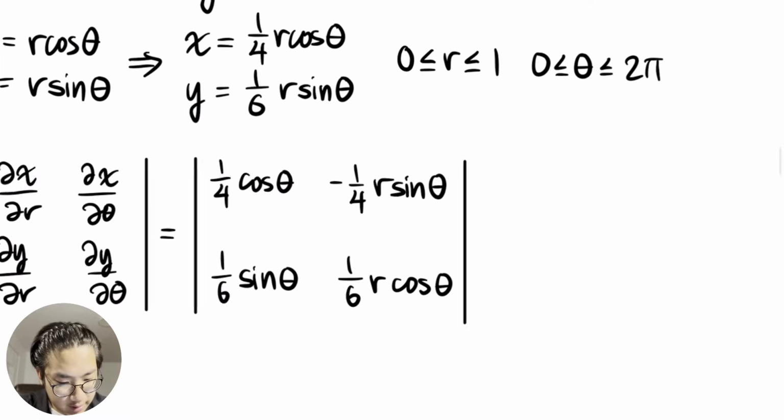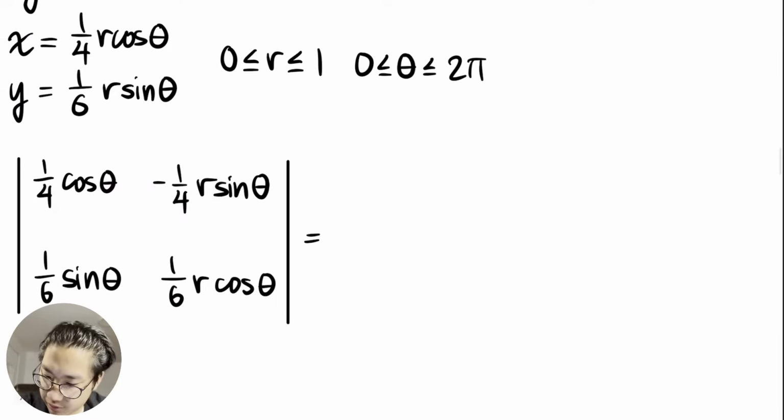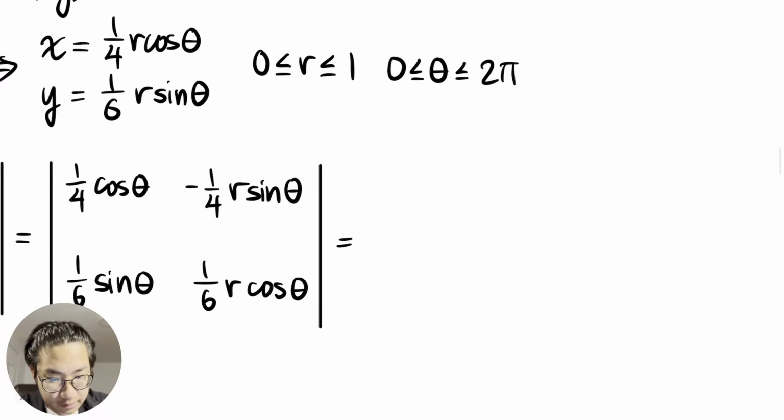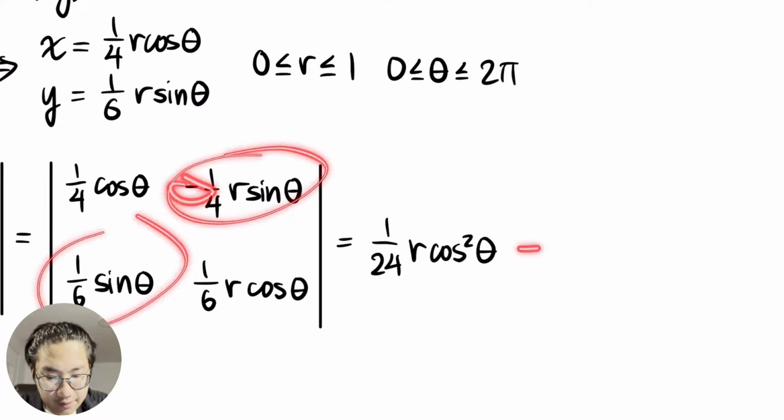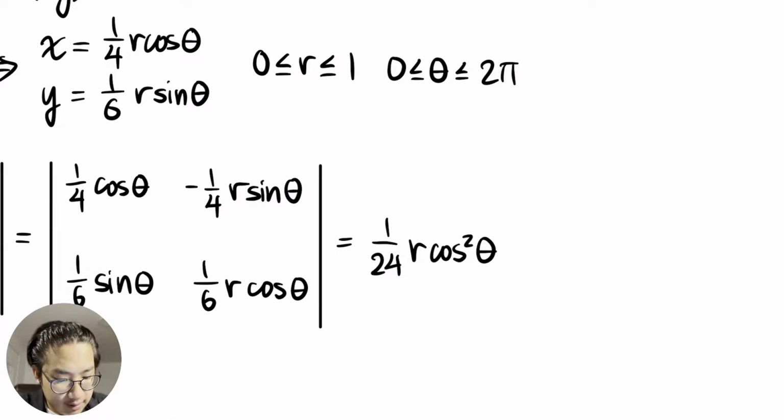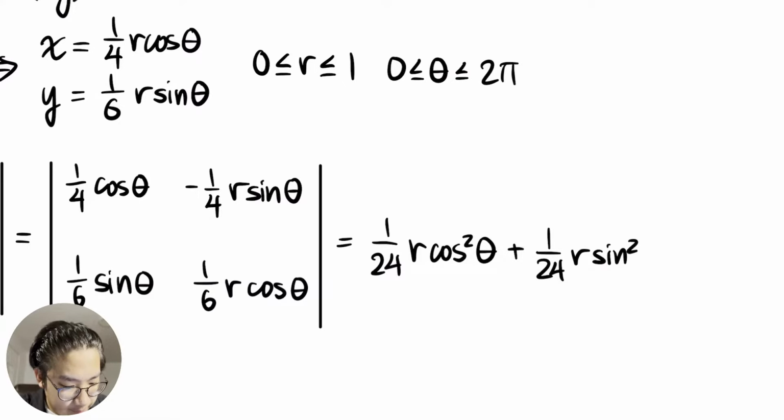Okay, and now we can quickly compute the determinant. So we multiply these two together, and you get 1/24 r cos squared theta. Then we subtract this times this, but because there's a negative over here, it just becomes plus 1/24 r sine squared theta.